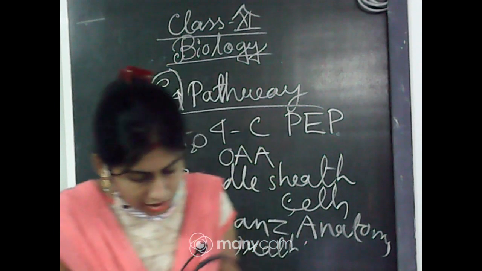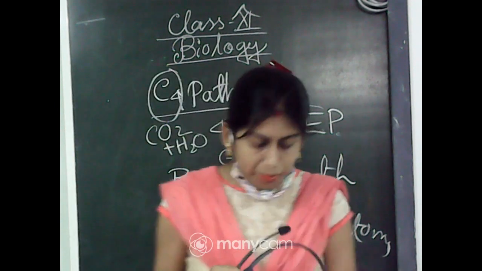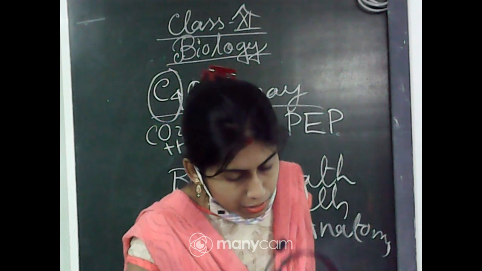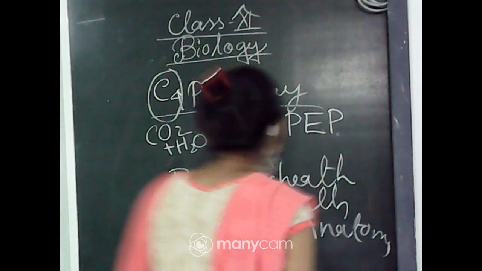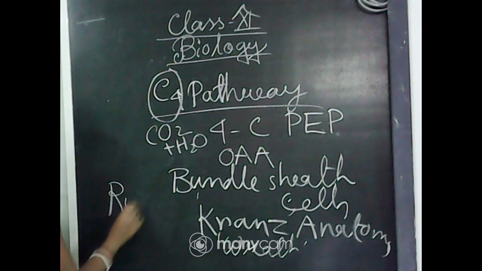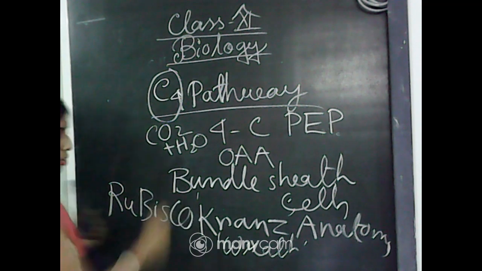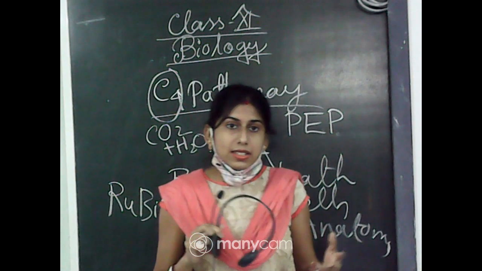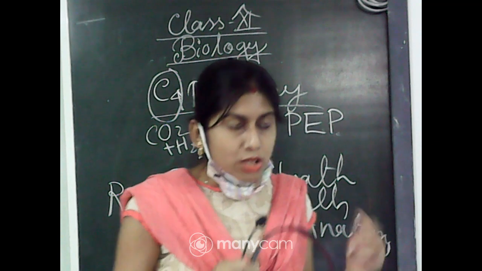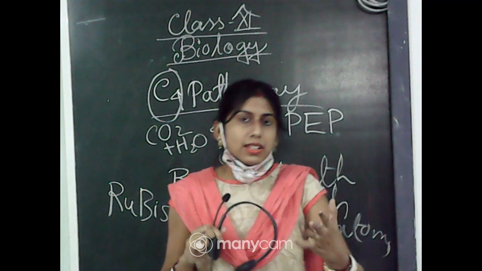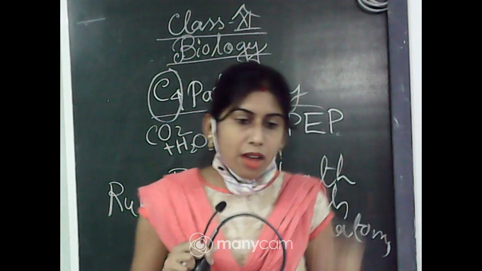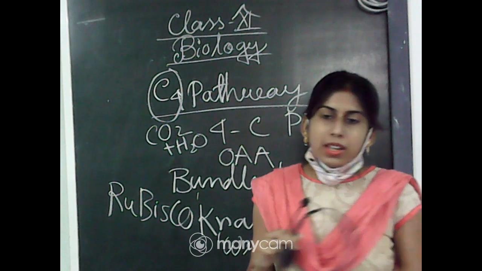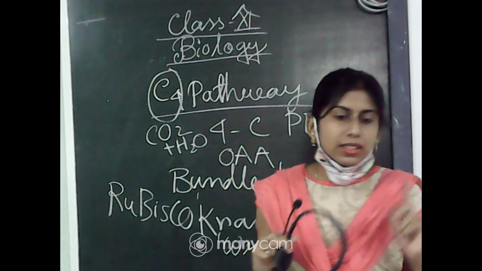Okay, so now you can see that CO2 enters the bundle sheath cell and enters the C3 cycle or Calvin cycle, which is common to all plants. Bundle sheath cells have the enzyme ribulose bisphosphate carboxylase oxygenase, which can be written in short as Rubisco, but in the bundle sheath cell they lack PEP carboxylase enzyme. The PEP carboxylase enzyme is present in the mesophyll cell, which helps in the fixation of carbon dioxide with PEP, and the Rubisco enzyme is present in the bundle sheath cell.